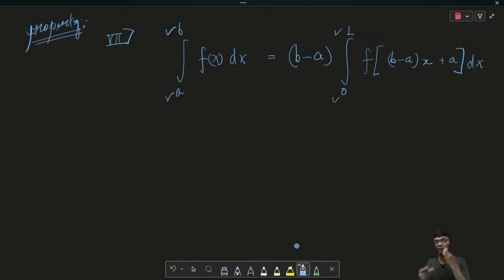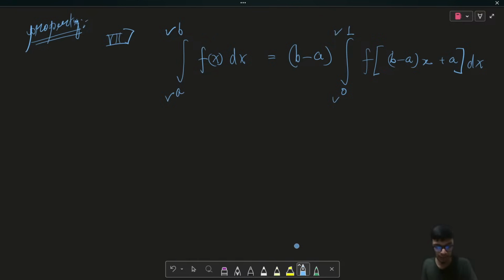Sometimes we need to change the limit to 0 to 1 so that we can get the answer more easily and quickly. I won't say this is a very important property, but it sometimes helps us solve the question quicker.